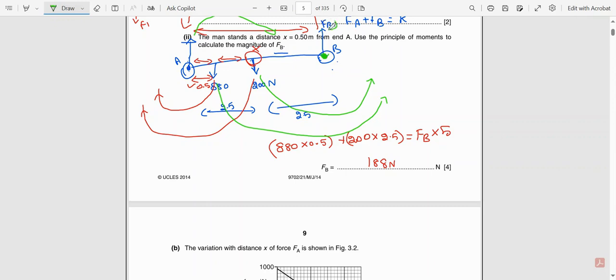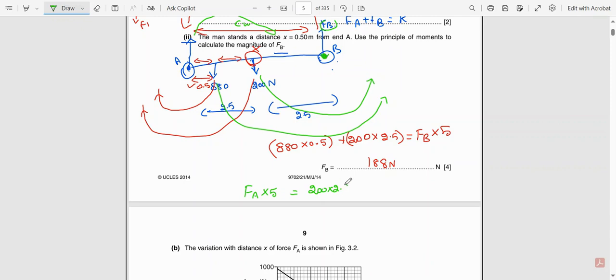So it is not necessary to consider FB, because FB into 0 will be 0, right? So if you apply the same principle of moments at that point, then FA gives the clockwise moment.